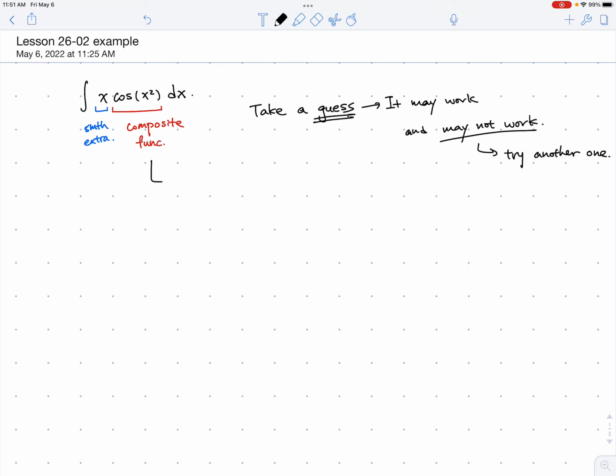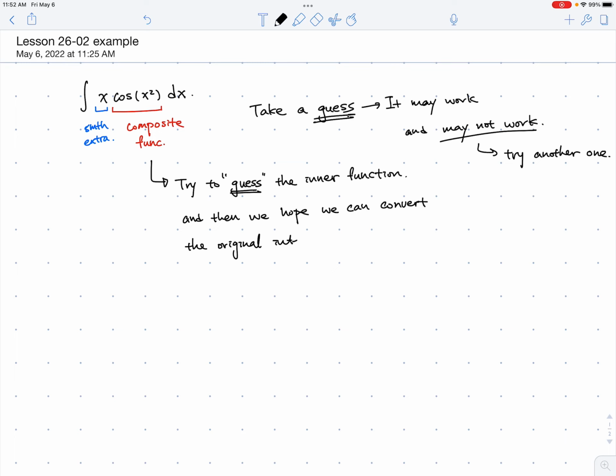So when I see a composite function, I will try to guess the inner function, and then we hope we can convert the original integral to an easier integral.